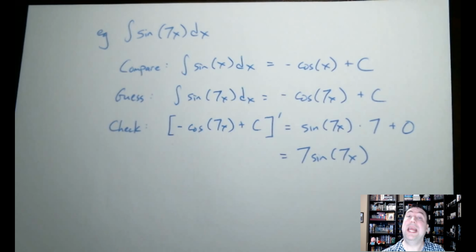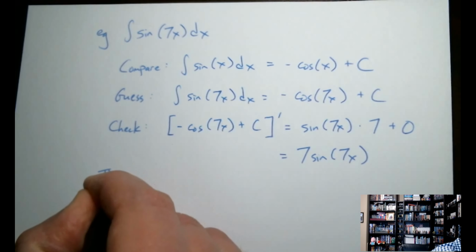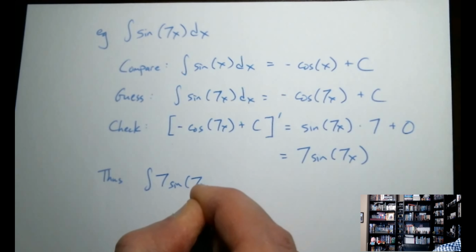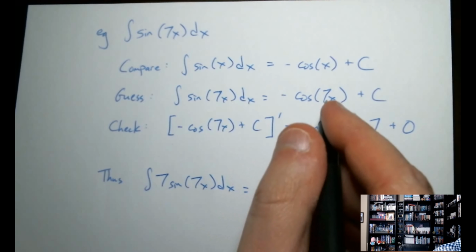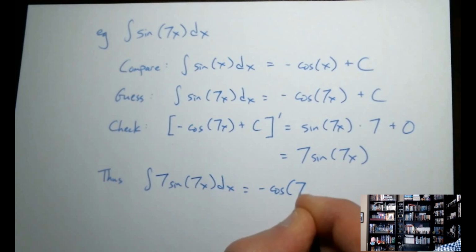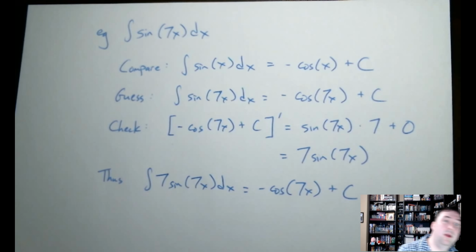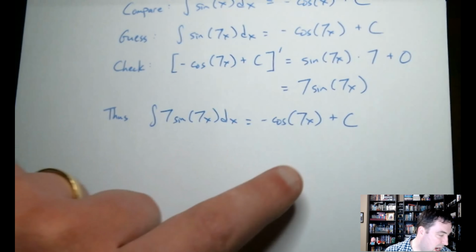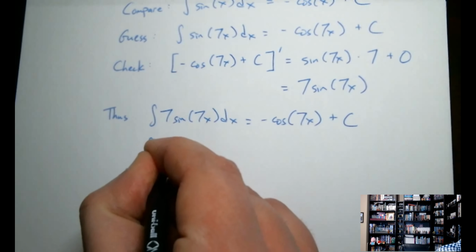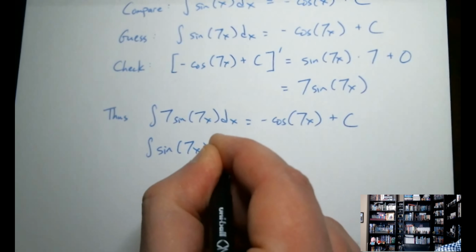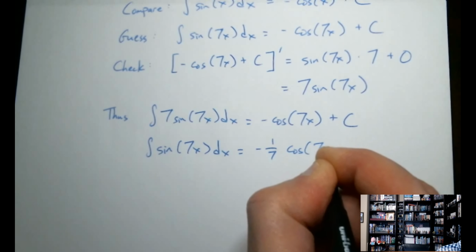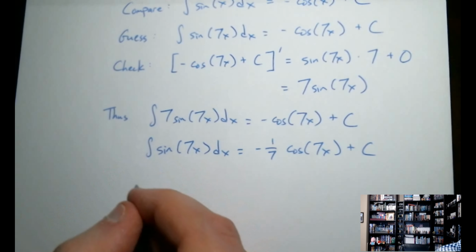And so, while that tells us that our guess is wrong, we can conclude that the integral of 7 times sine of 7x is negative cosine of 7x plus c. And then we can do exactly what we did in the previous example. We could factor out that 7 and divide it across. So the thing that we're after, sine of 7x, that's going to be negative 1 over 7 cosine of 7x plus c.